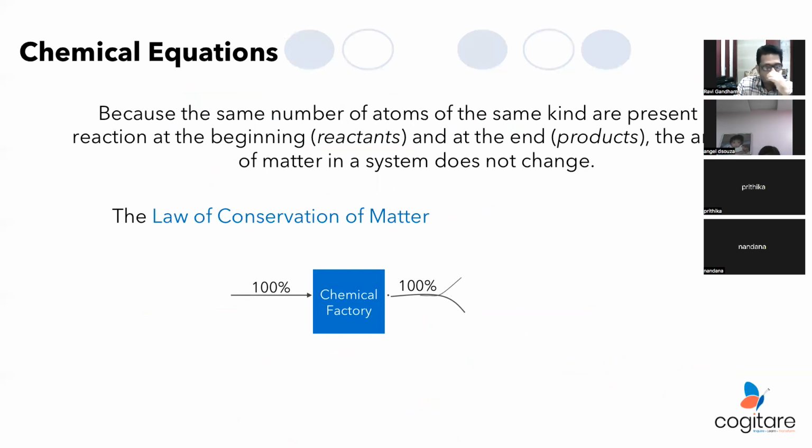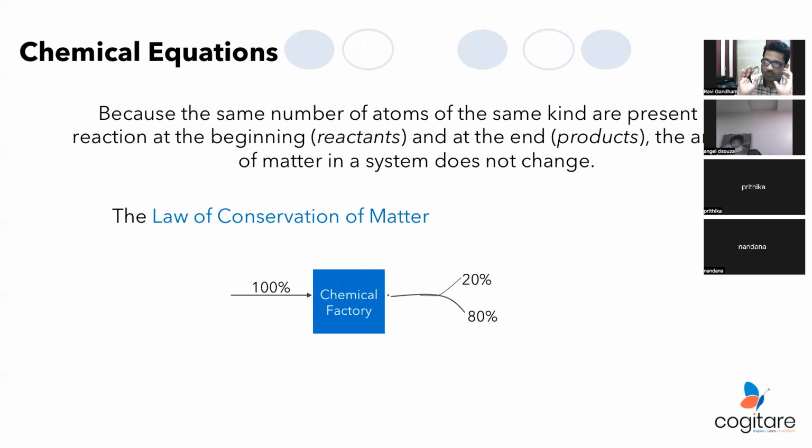But basically what I wanted to tell you guys is, if something goes into a chemical factory to an extent of 100% and some products are formed, basically in a chemical reaction, the reactants would again have 80% and 20% of the total mass that went into the chemical factory. So in a chemical reaction, the mass is completely conserved, and this is the law of conservation of mass.